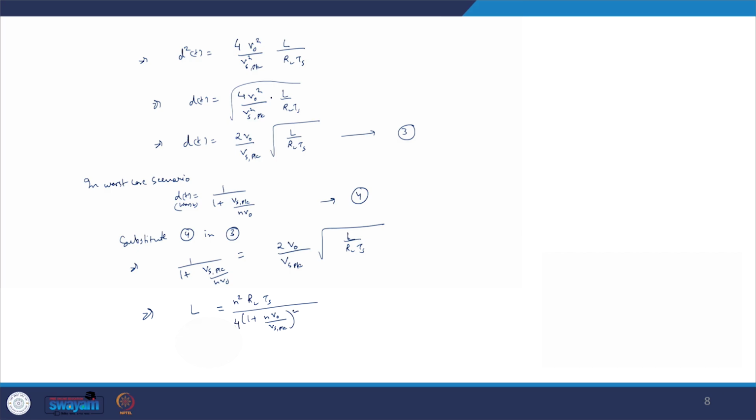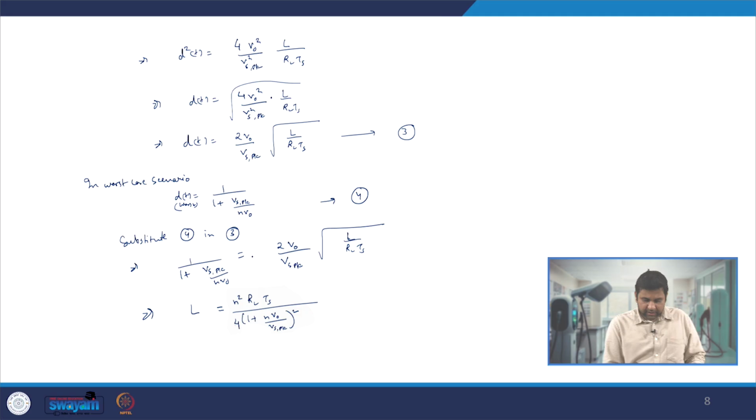We can square this up, so this will be 1 by n V naught by Vs peak square.